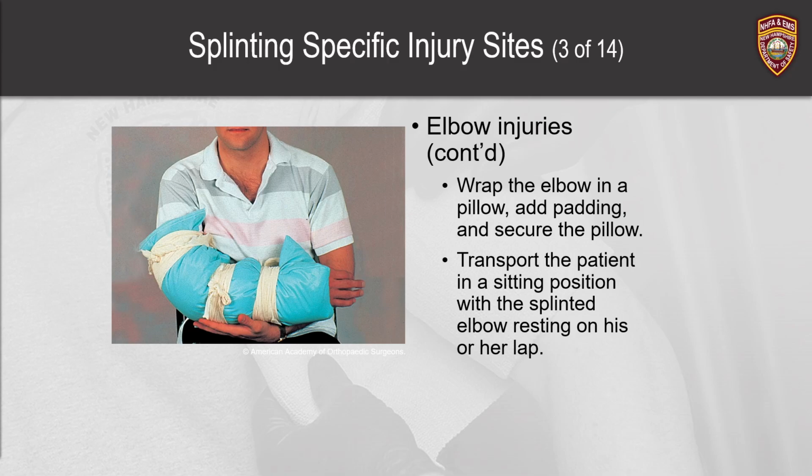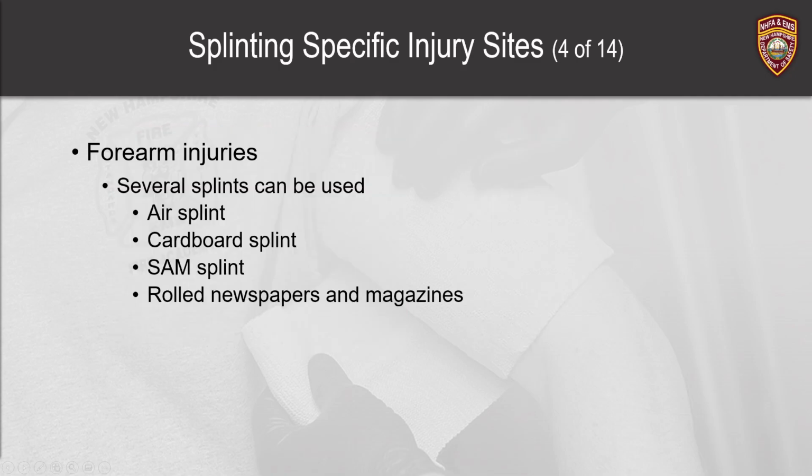So an effective splint for an injured elbow is, again, one of these pillow splints. If you can't find a piece of equipment in the ambulance that fits the shape of the elbow exactly, a towel or a pillow, something like this is going to be really helpful. So wrap the elbow in a pillow, add padding to keep the elbow in the position found, and then secure it using triangular bandages or any other splinting material.